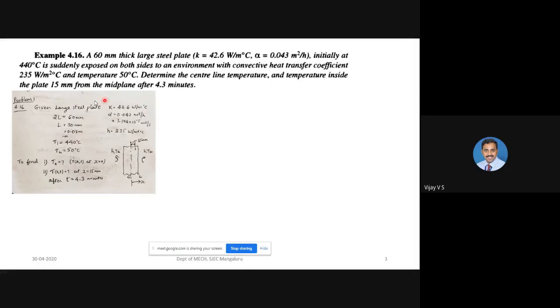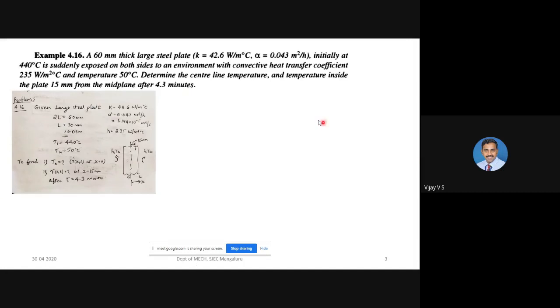Now what is this 440 degrees centigrade? It is the initial temperature, given as theta i. It is exposed on both sides to a convective environment with the coefficient given, and 50 degrees is the surrounding temperature, T infinity. Now what they are asking is to find the center line temperature and the temperature inside the plate 15 from the mid plane after 4.3 minutes.